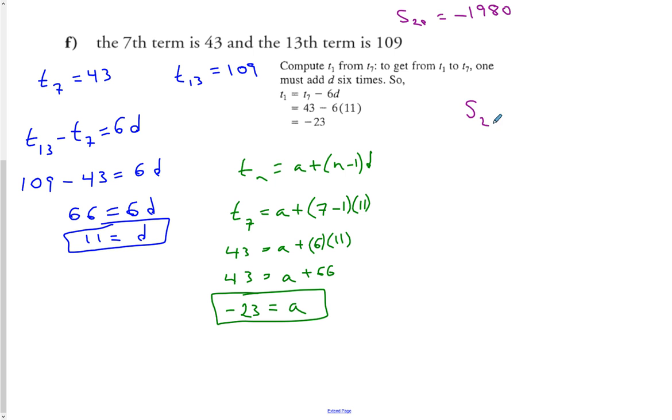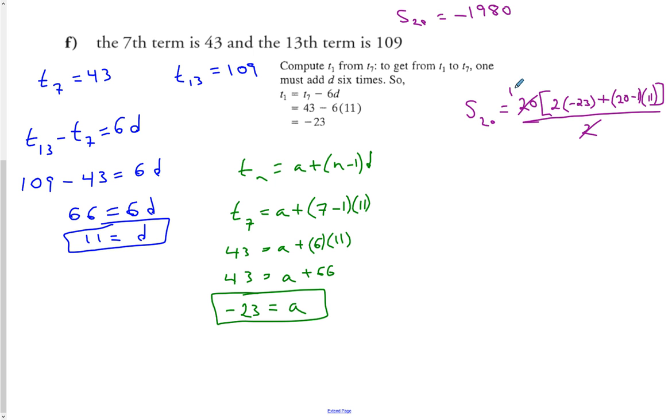So the sum of the 20th term, we'll sub in 20 for our n. 2 times our first term, which is negative 23, plus n minus 1, so that's going to be 20 minus 1, times our common difference, which is 11. Running out of room here. All that is divided by 2.